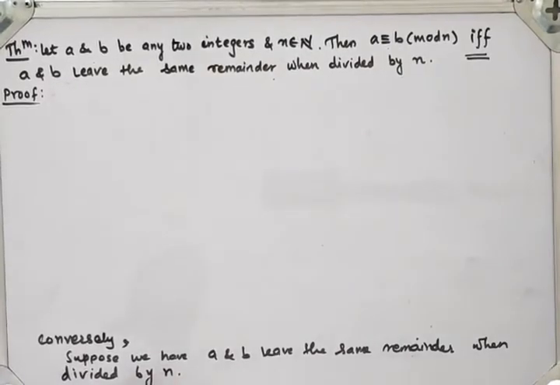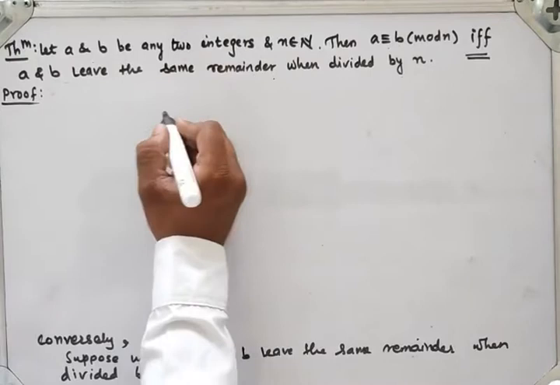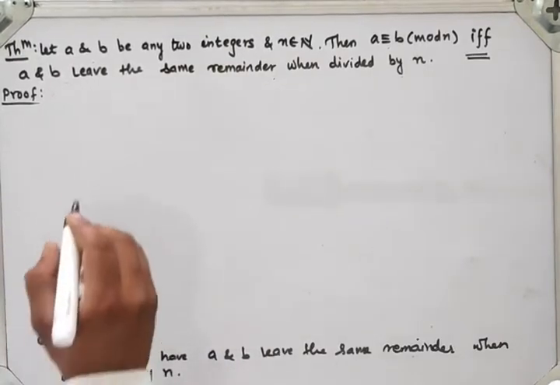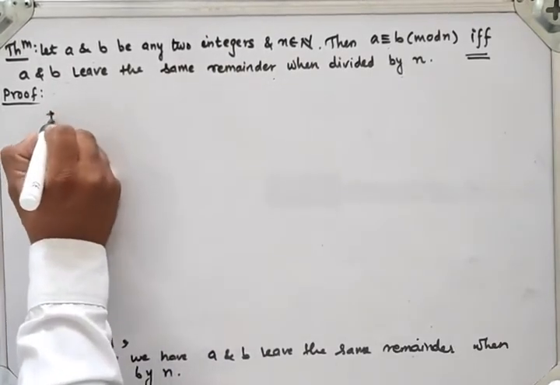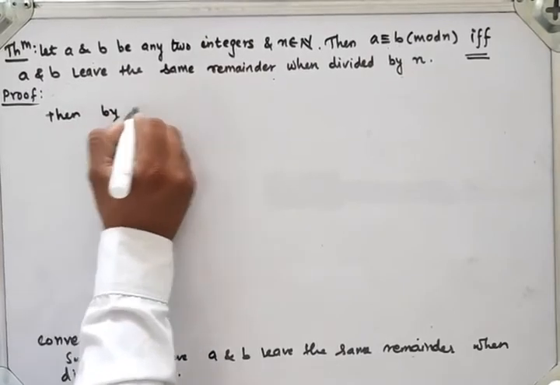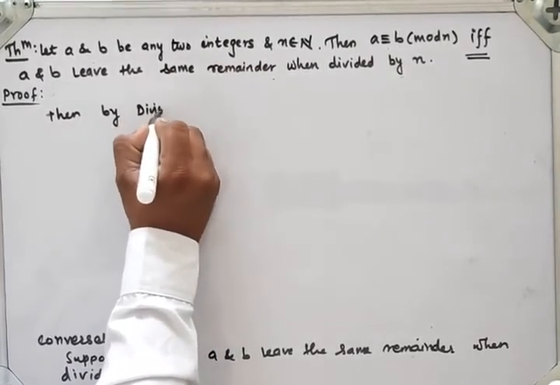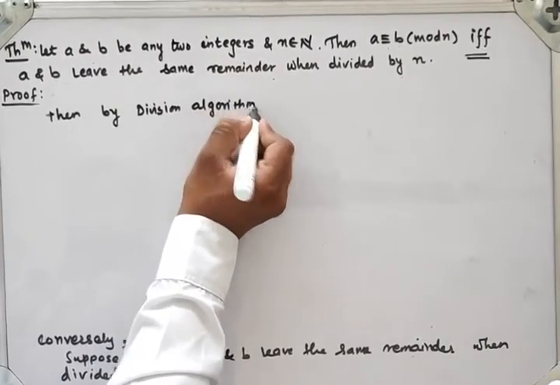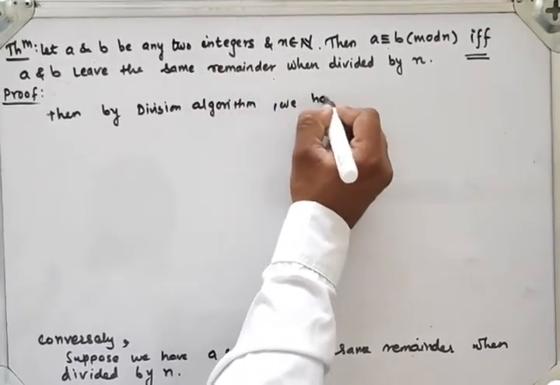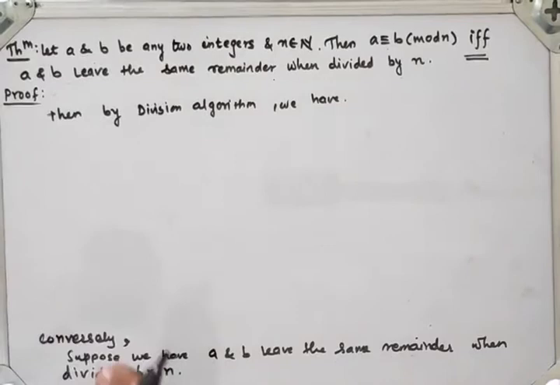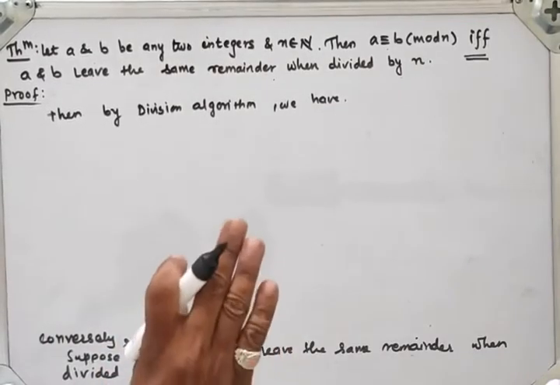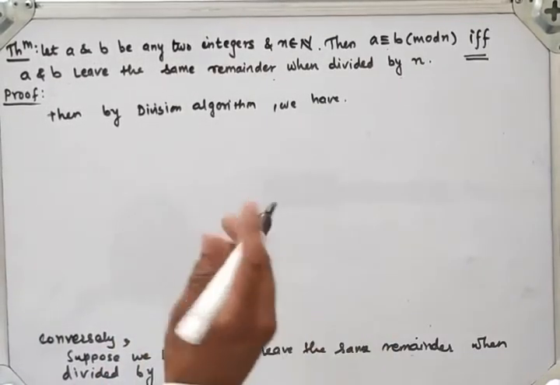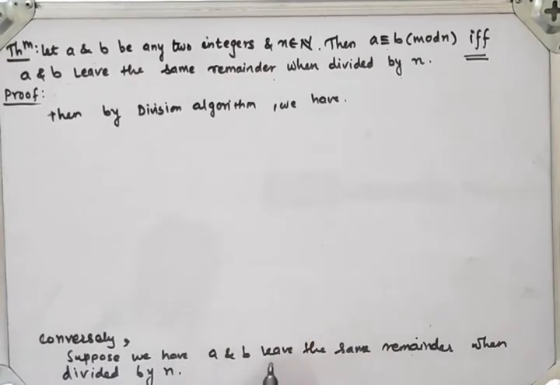If a and b leave the same remainder, then we write, by using the division algorithm, for a and n and for b and n, that they leave the same remainder.